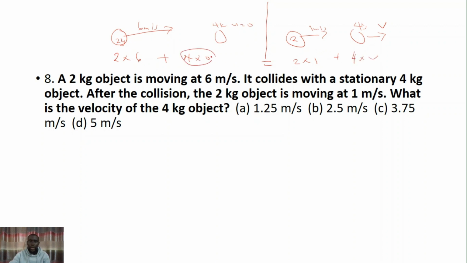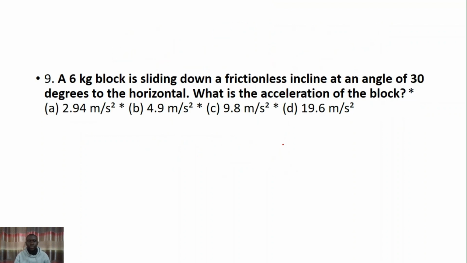We know this will be 0, right? Good. So this will be 12 equals 2 plus 4v, right? And this will give v equals 12 minus 2 over 4, which is 10 divided by 4, and this is equal to 2.5. The answer is 2.5 meter per second.